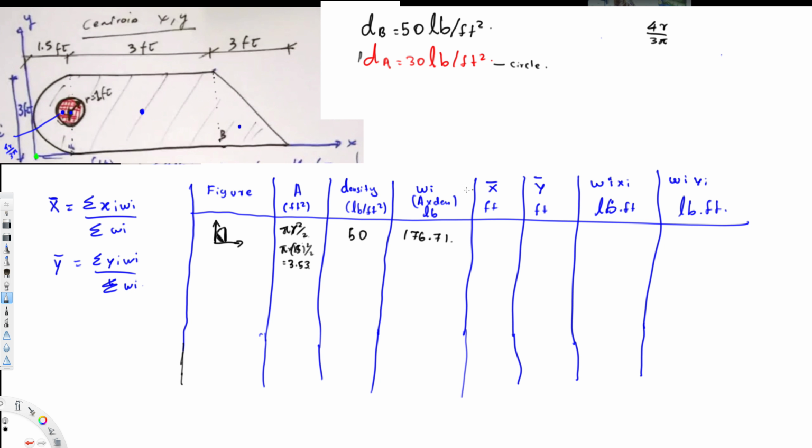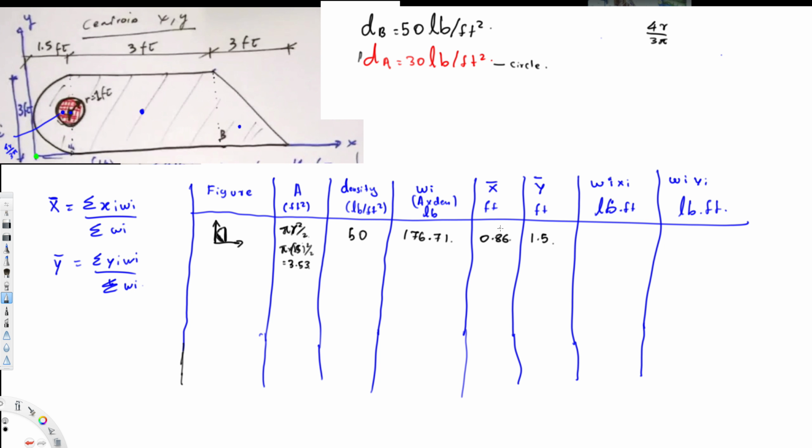For this x bar, now I have to calculate the distance from this to the centroid. If you calculate this value, it comes out to be 0.86, and the height of this one is going to be exactly in the middle, so that's going to be 1.5. Then I have to calculate the WiXi, so it's basically the multiplication of these two together.